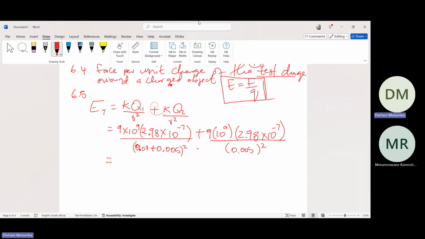Now let's see what we're going to get. 2.98 times 10 to the power negative 7 over 0.1.